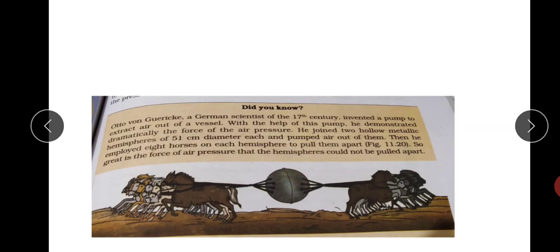Due to that, the horses are unable to pull it. If the hemispheres had to be pulled apart, then the force exerted by the horses should have been much more than the atmospheric pressure. Then only the horses would have been able to pull the hemispheres.